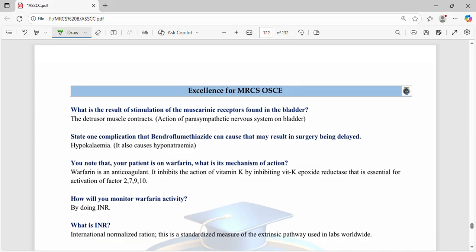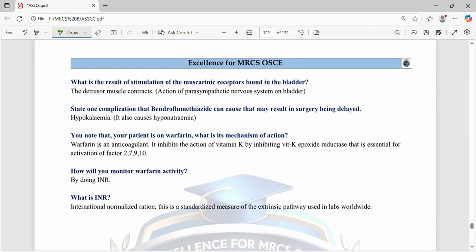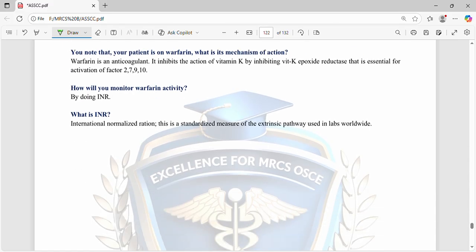How will you monitor warfarin therapy? By doing INR. What is INR? INR is the international normalized ratio, that is the patient PT divided by the normal control PT. Yes, so it measures the extrinsic pathway and is used in labs worldwide, and the normal is 1.1 to 1.2.